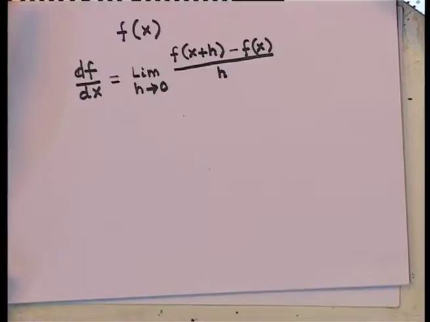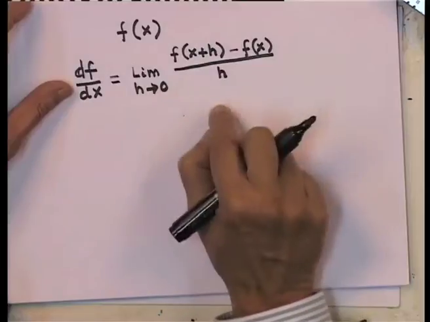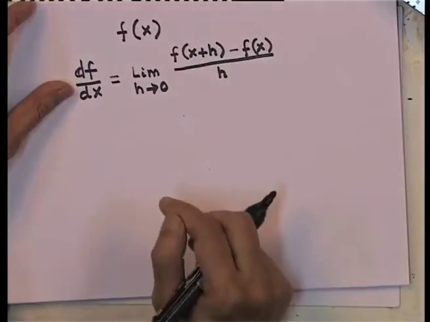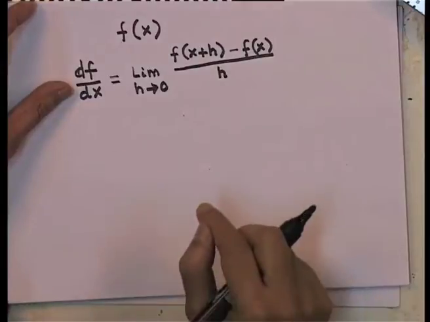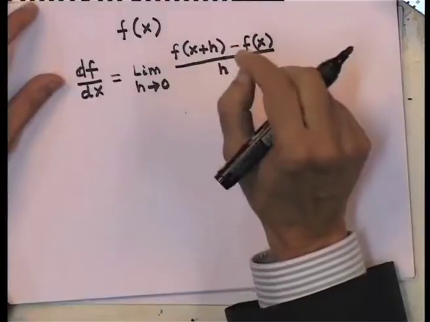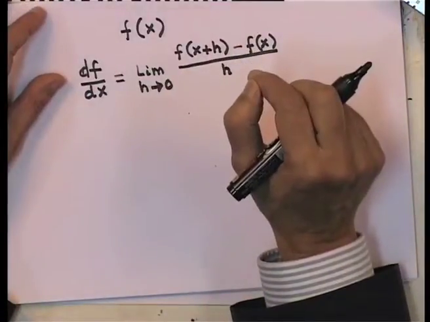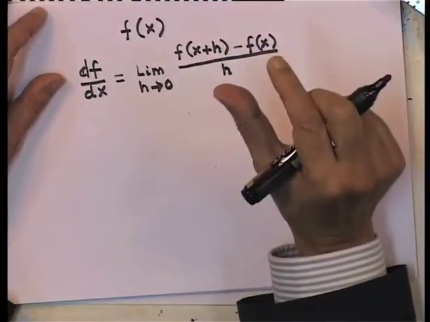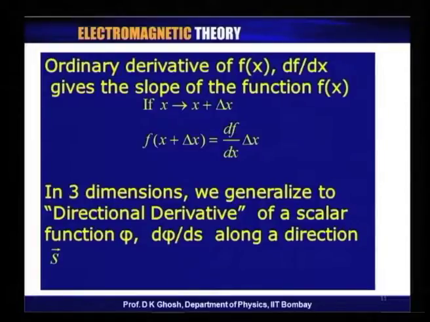Now, what I have done here is to actually rewrite. If this is the definition, this means that the value of f at x plus h is simply equal to its value at x plus h times the value of the derivative of the function at the point x.